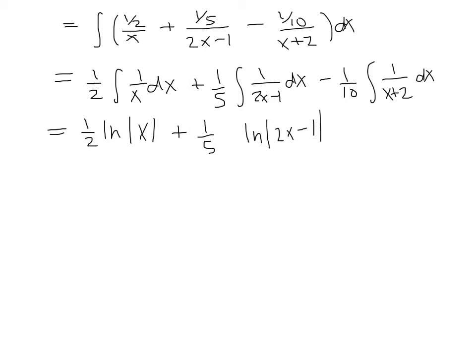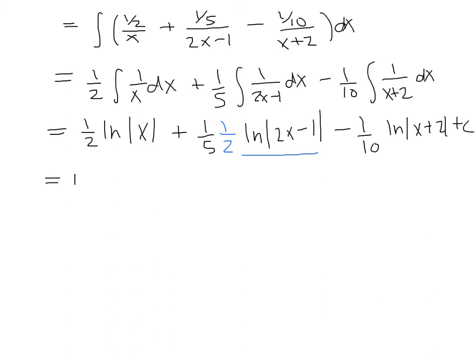And just think, if you differentiate this, you'll have 1 over (2x minus 1) times 2. So to compensate for that times 2, we need a coefficient of 1/2. And then minus 1/10 ln|x plus 2| plus C.